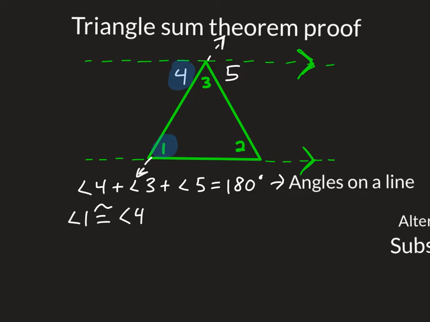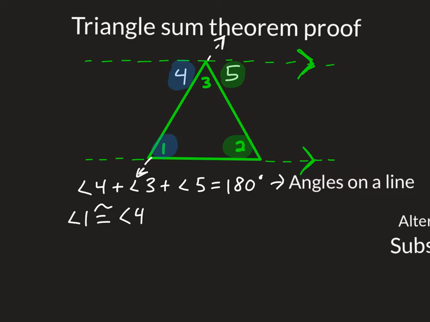And then what's the other angle I wanted to include? I also wanted to say something about angle 2. Well, what do I know about angle 2? Well, angle 2 and angle 5 are also alternate interior angles. And so again, I'm going to be looking at these parallel lines, so the bottom line and the top line.